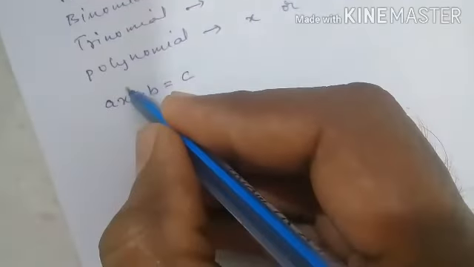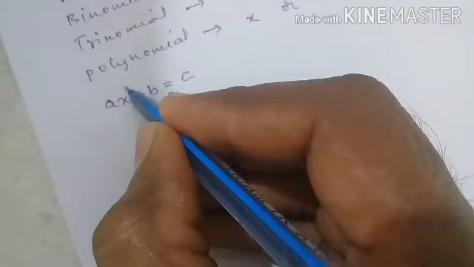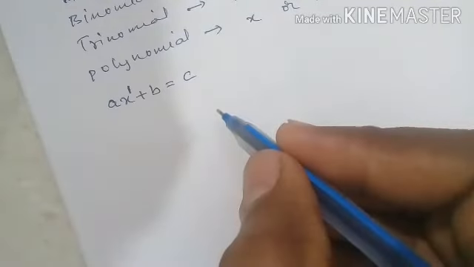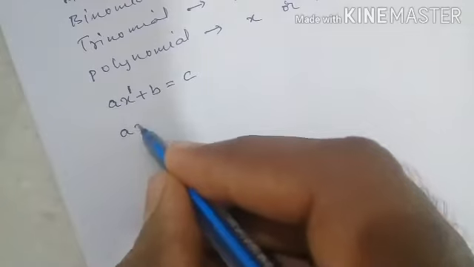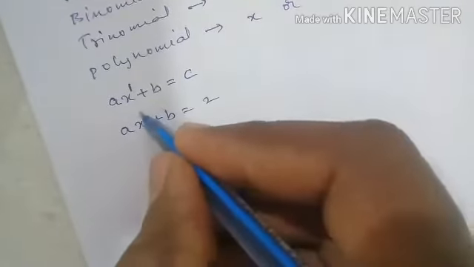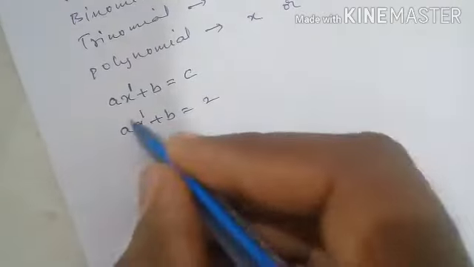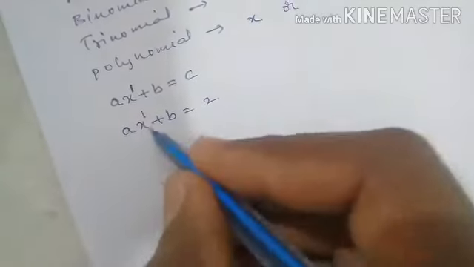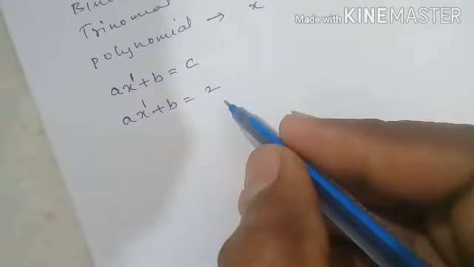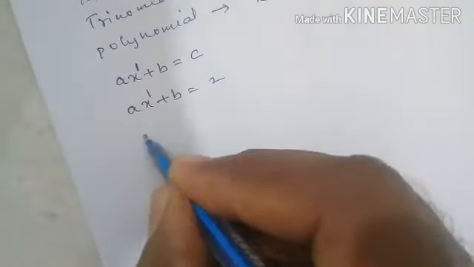Why simple or linear? Because the variable power is 1 here. For example, ax plus b is equal to 2. Here also the power of the variable is 1, so it is called a simple equation.